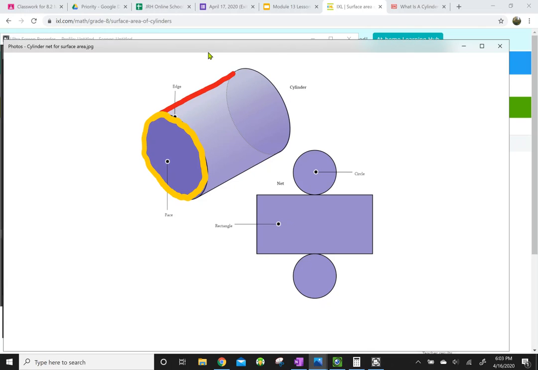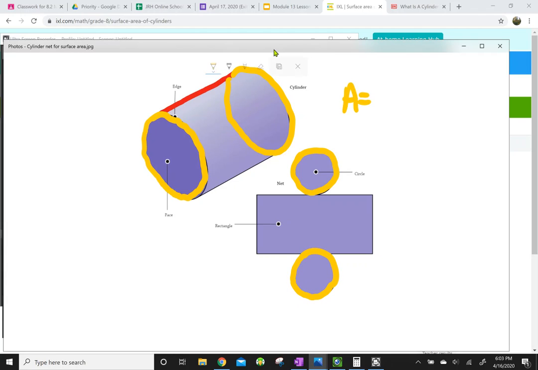You cut the ends off that can of beans, and they come out looking like identical circles, and we find the area of those identical circles and add those together. Area equals pi r squared.